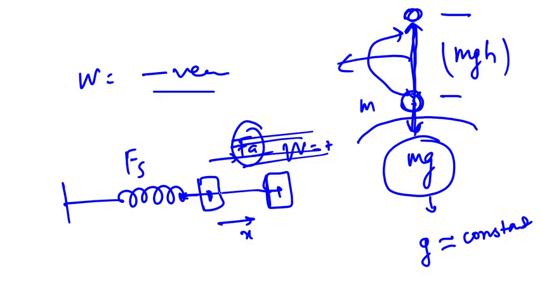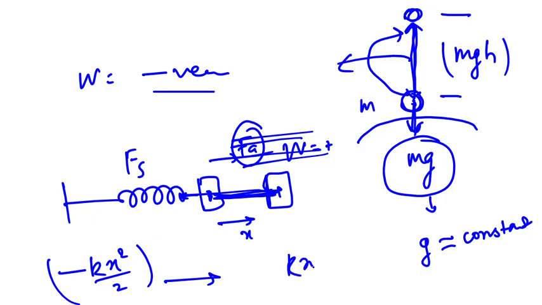A spring force is doing work, and that is some negative kx square by 2, and by the same amount there will be rise in potential energy, because negative of this, that is kx square by 2, is the work done by the external agent, which is going to increase potential energy of this spring mass system.